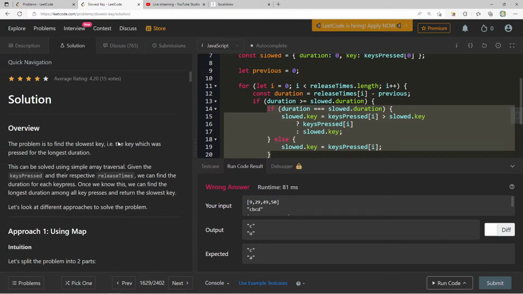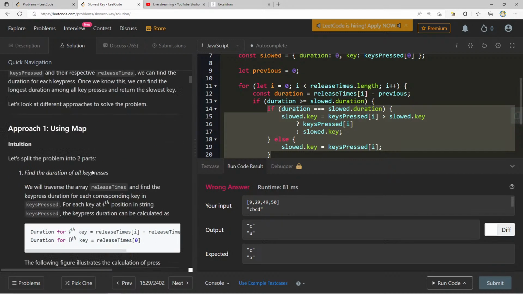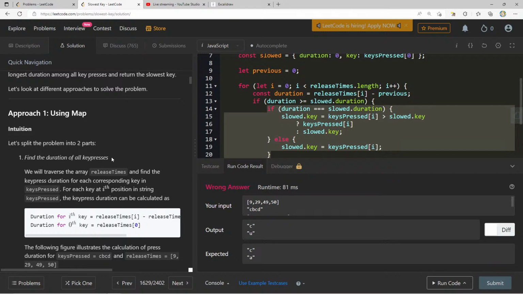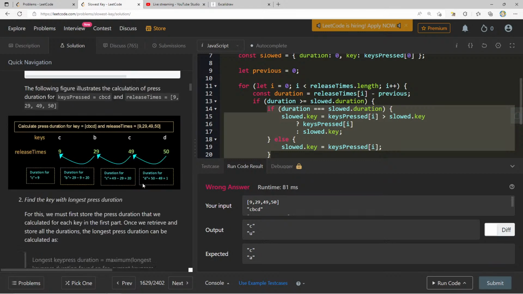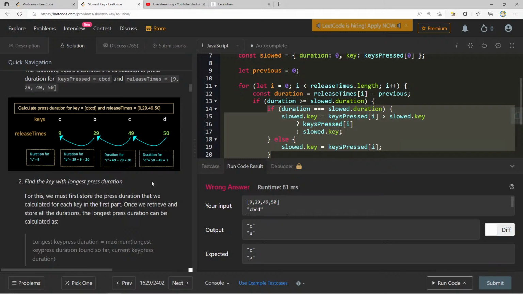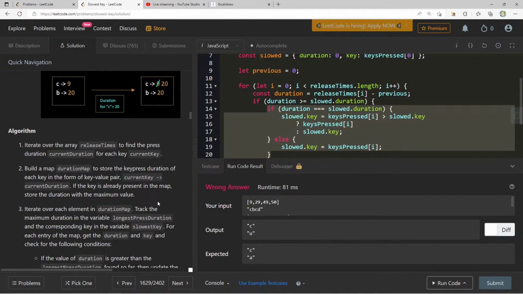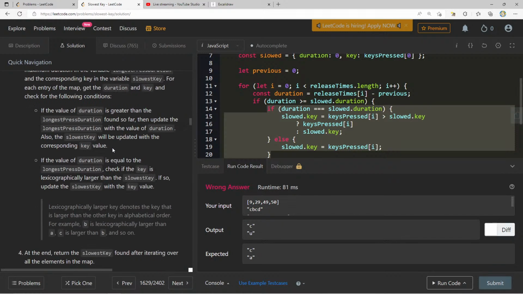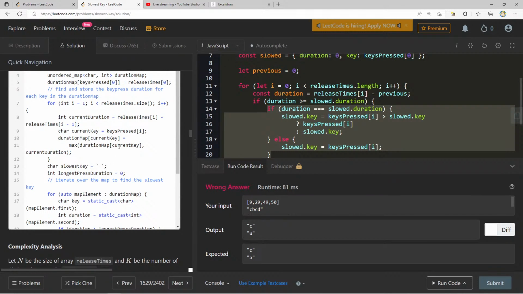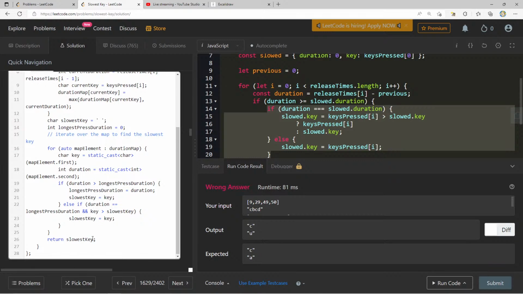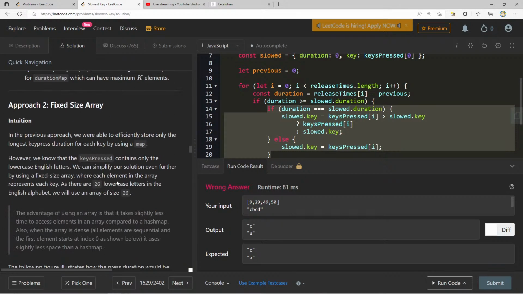Let's see what the solutions say for this. Using a map, find the duration of all the key presses. Find the key with the longest duration. Build the duration map to store the key press duration of each key. This is a lot of stuff happening here. Wow. Okay. Fixed size array. Oh, wait a second.